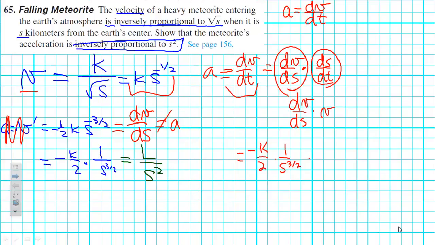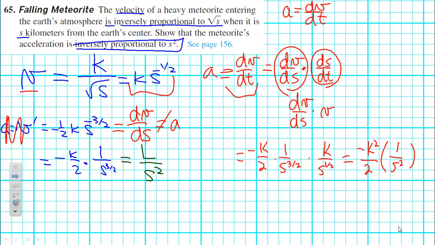k over, I'll write it as k over s to the 1/2. When I collect all my constant terms, I get negative k squared over 2, and I end up multiplying it by 1 over s to the 3/2 times s to the 1/2, which is s squared.